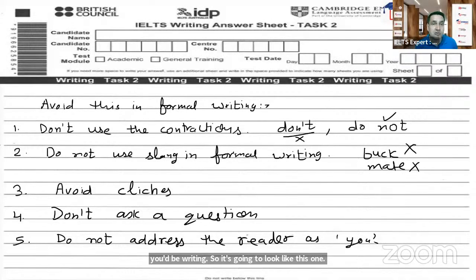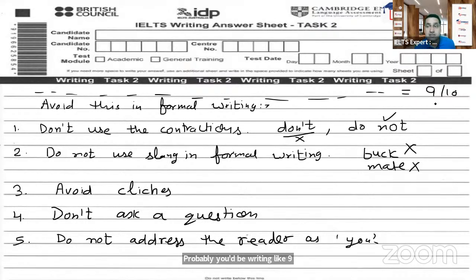So you would count how many words you have written in one line. Probably you'd be writing like 9 or 10 words. Then all you need to do is count the lines and multiply by 10, which would give you a good indication of how many words you have written.